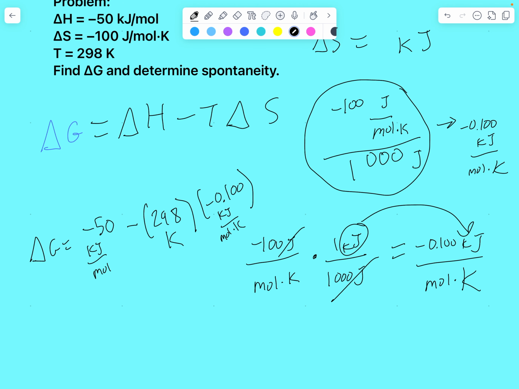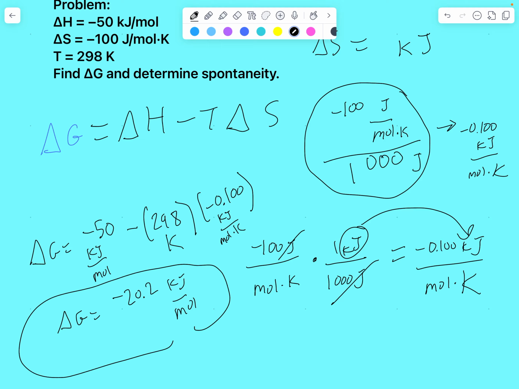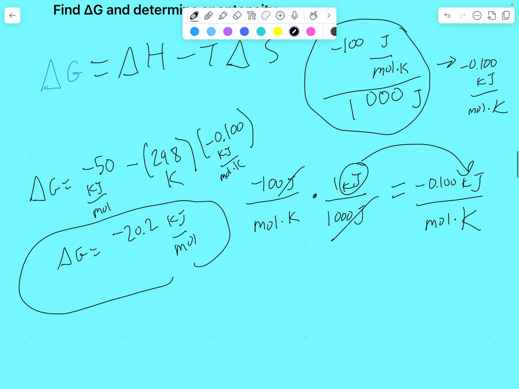And when I calculate that, delta G is negative 20.2 kilojoules per mole. Delta G is negative, so the reaction is spontaneous. There you go. Next one.